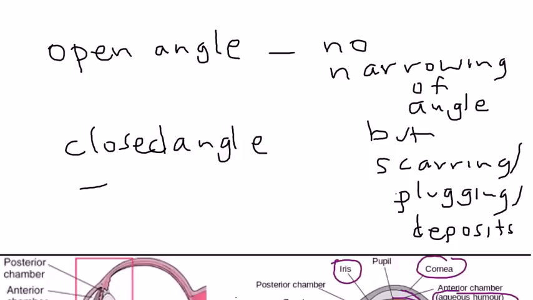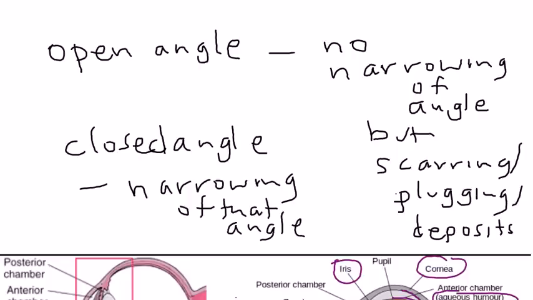Closed angle means that there is indeed a narrowing of that angle between the iris and the cornea, and that's causing the problem where the aqueous humor is not able to escape.